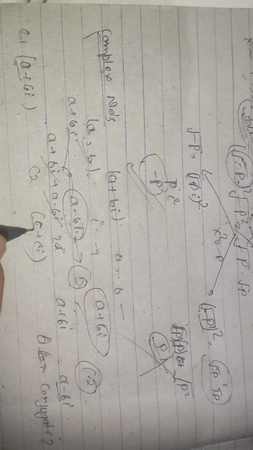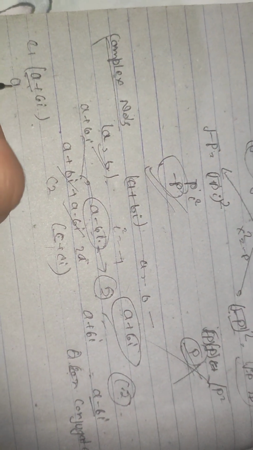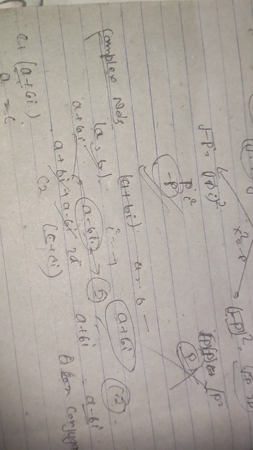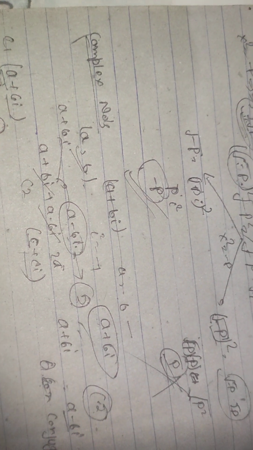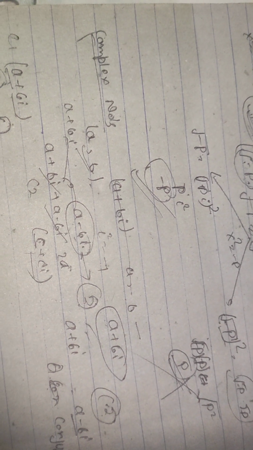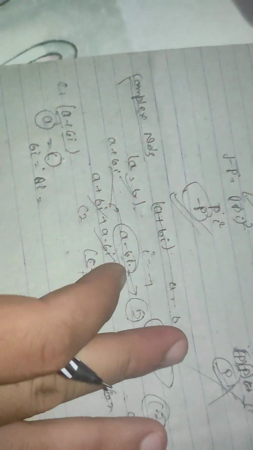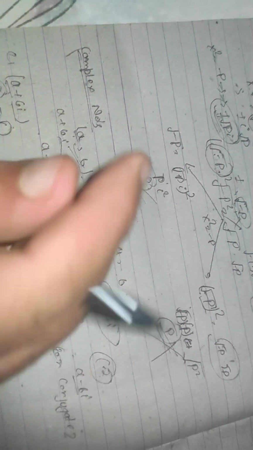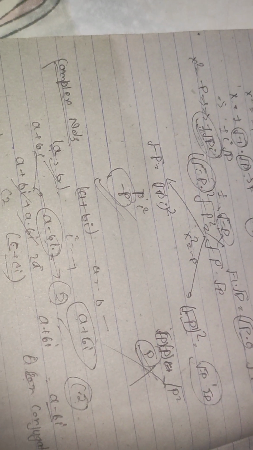When this is equal to this, if a is equal to c, that is, the real part of the complex number, and b and d, the imaginary parts, are also equal, then the complex numbers are said to be equal. We talk about a complex number being made of a real part and an imaginary part.